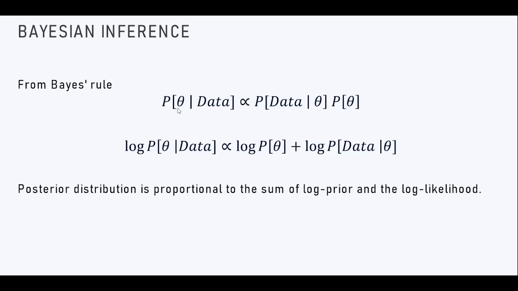So if we can write that it's just proportional to the product of the likelihood and the prior, that's the first line, and taking log on both sides, what we get is that the log of the posterior probability distribution is proportional to the log of the prior plus the log of the likelihood. And this is exactly what we will be using. And this is exactly what Bioscrape also computes.